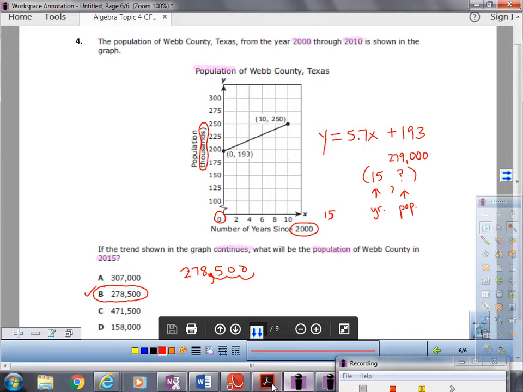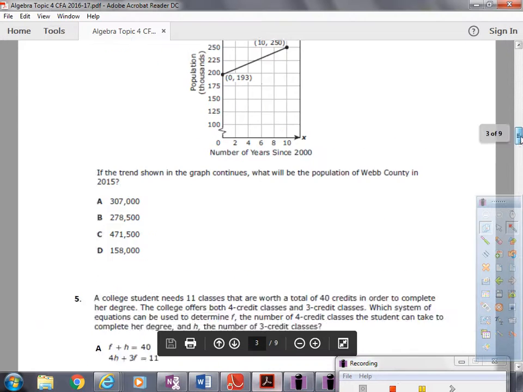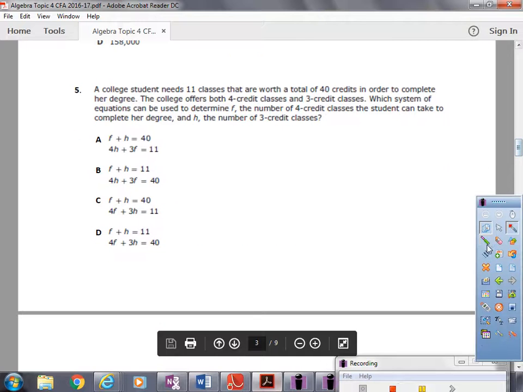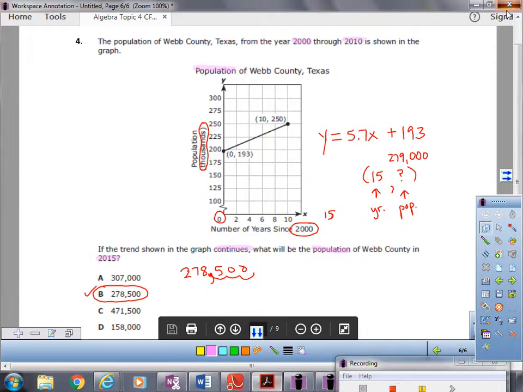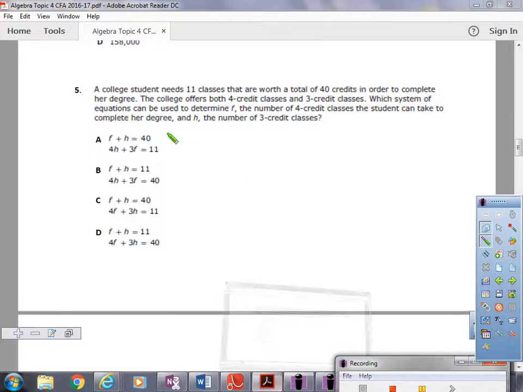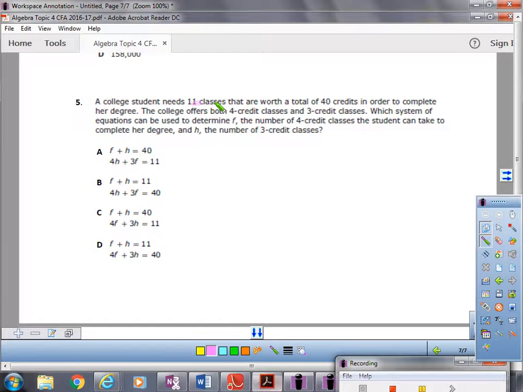All right, so let's look at the next question, question number 5. Let me go back to question 5 here. A college student needs 11 classes that are worth a total of 40 credits in order to complete her degree. The college offers both 4 credit classes and 3 credit classes.